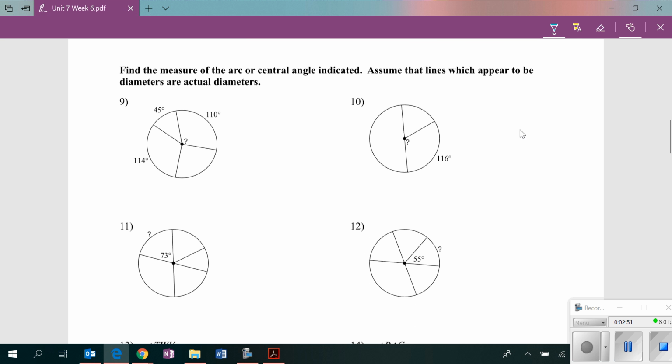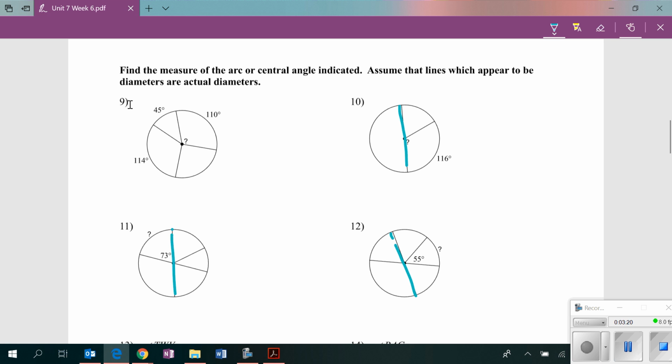Measure, or find the measure of, the arc or central angle indicated. Assume that lines which appear to be diameters are actually diameters. So with that being noted, you notice how for number 10, number 11, those are straight lines, even number 12. That's what a diameter is. Remember, it goes straight through the center of your circle from edge to edge. Okay.